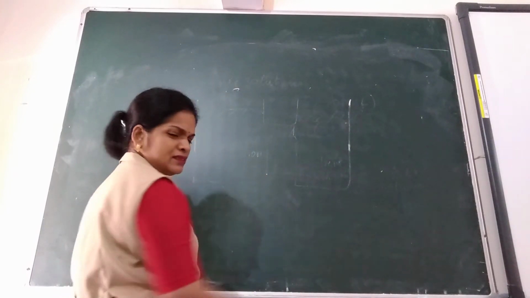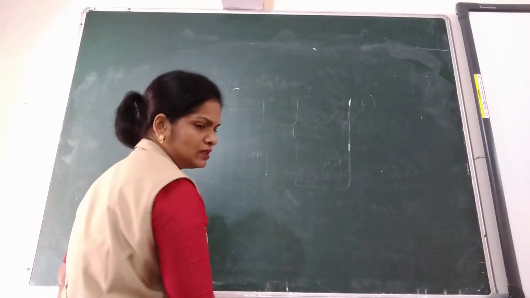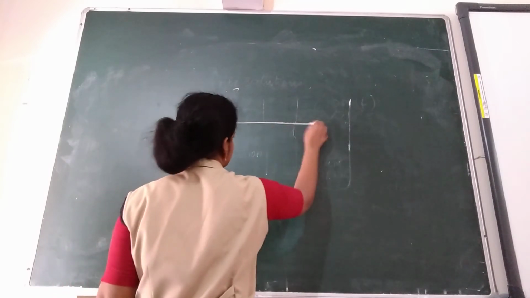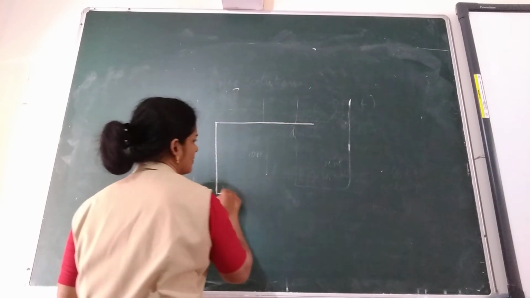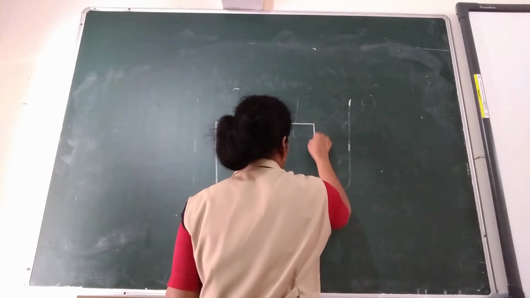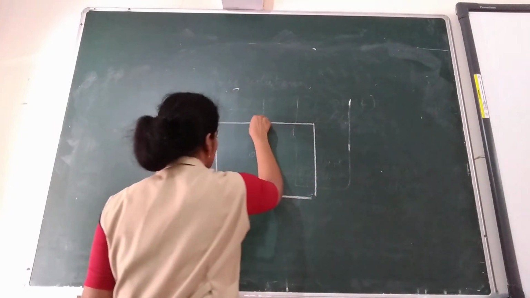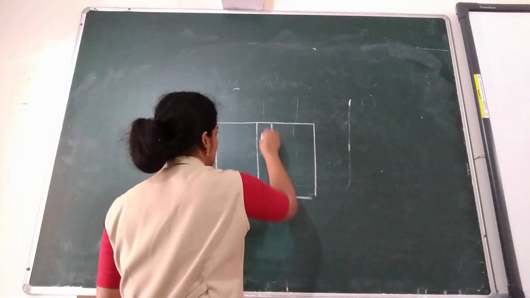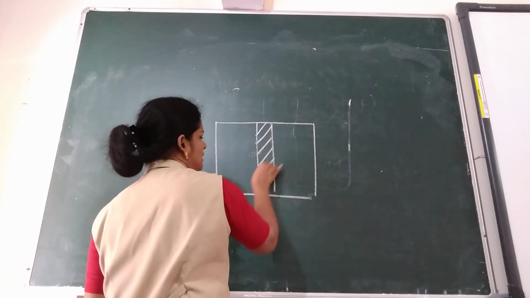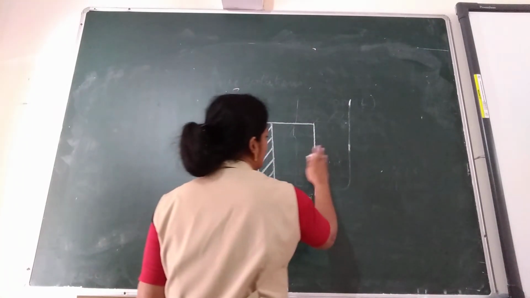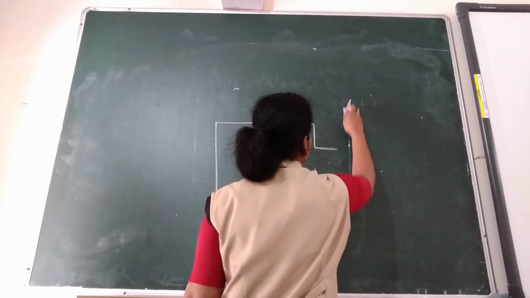So then, to get that water, the arrangement is like this. A semi-permeable membrane is kept over here.